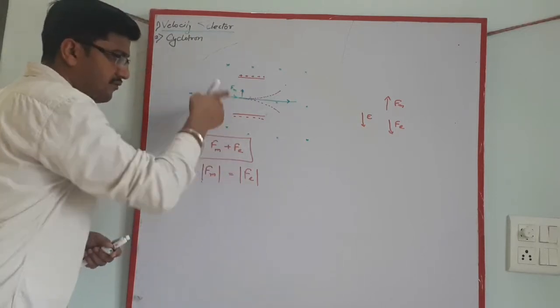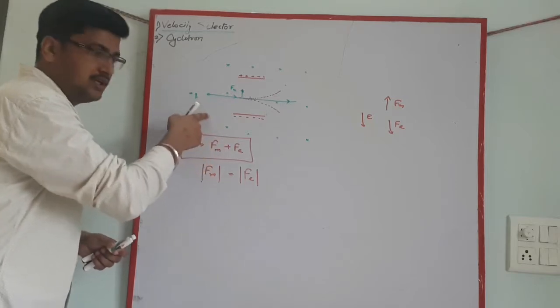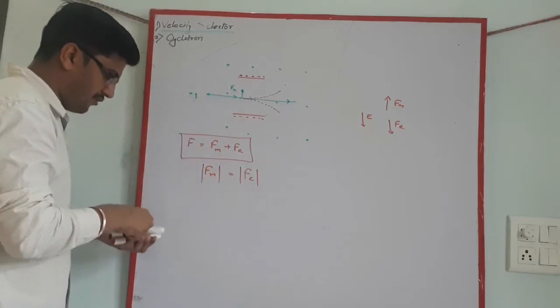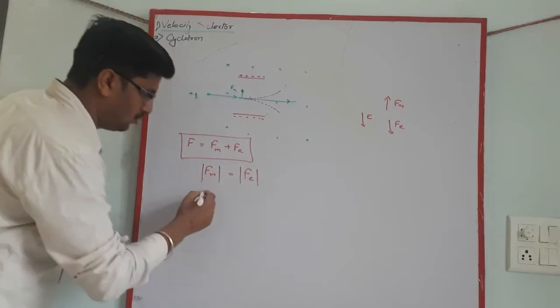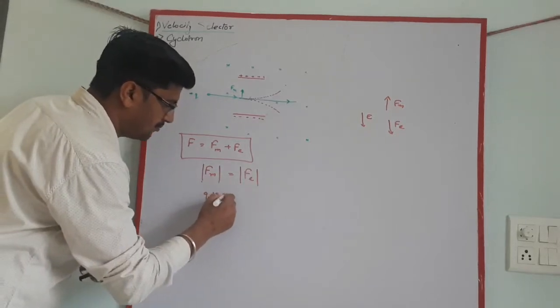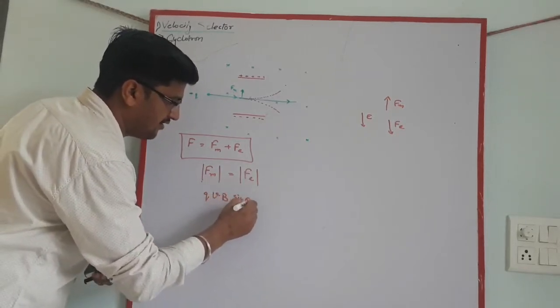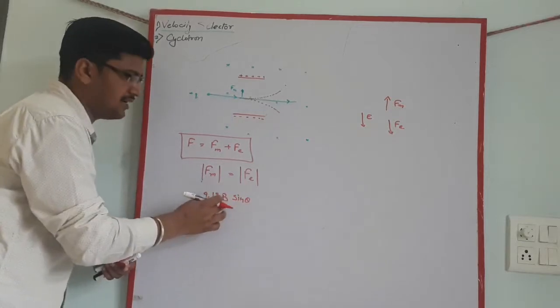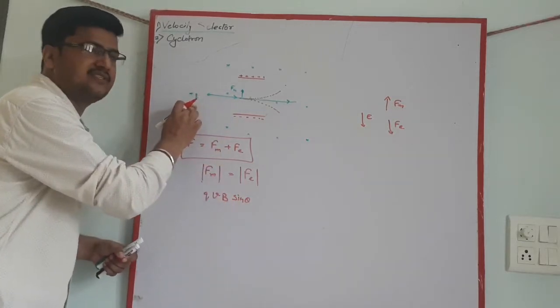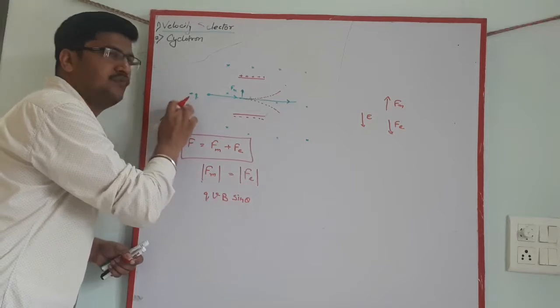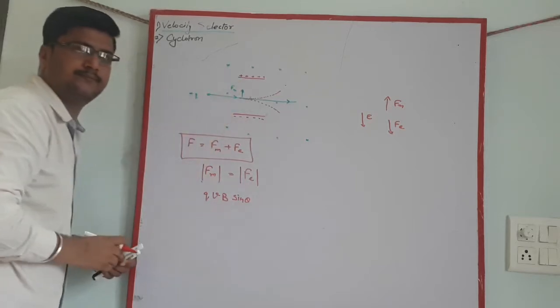So if this is the situation, then substitute the formula. What is the formula for Fm? It's q v B sin theta, where theta is the angle between velocity and magnetic field, and in the starting we said that the charged particle is moving perpendicular to the magnetic field.